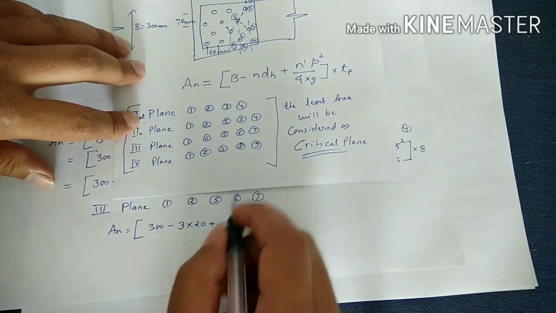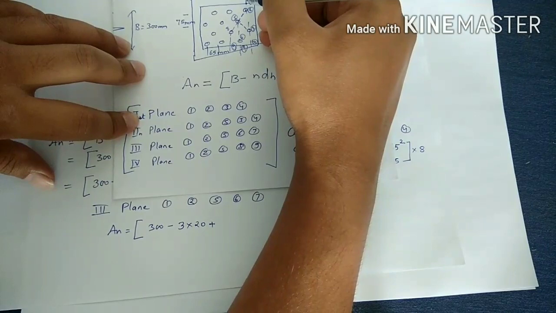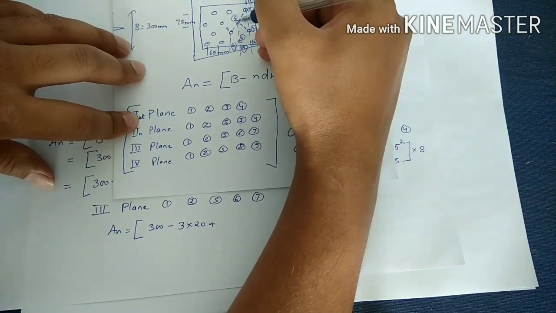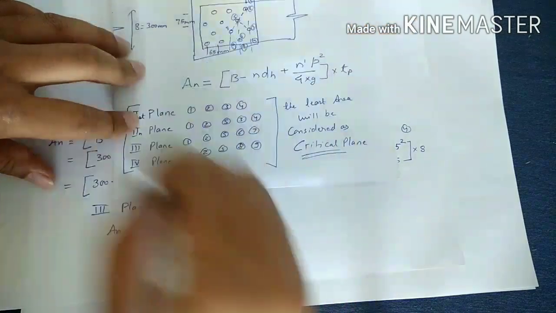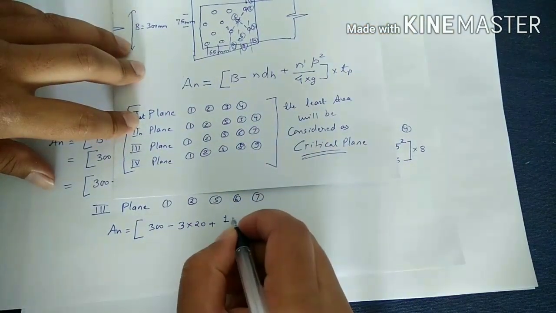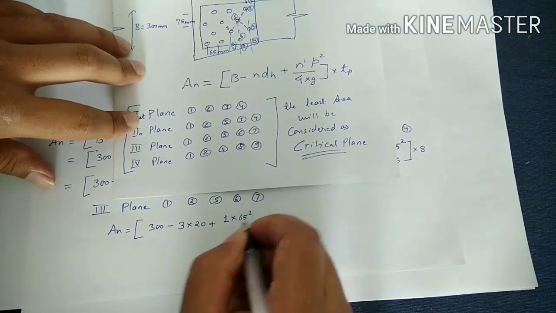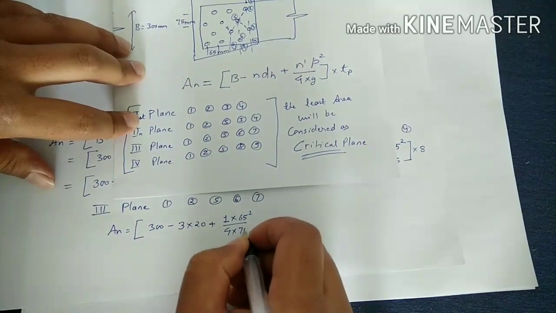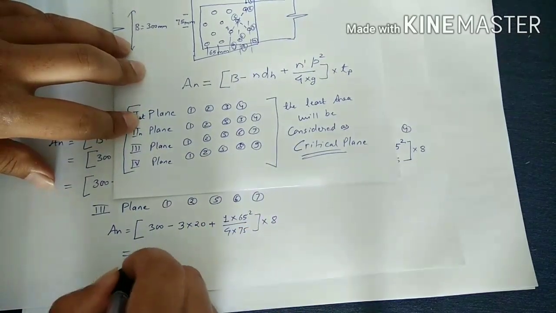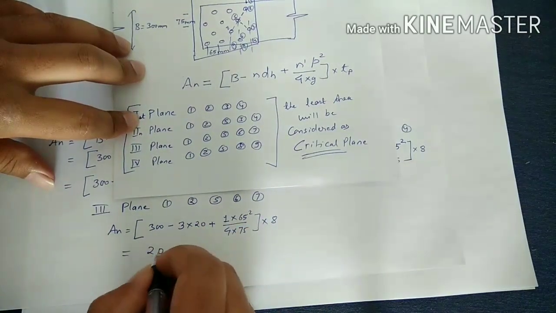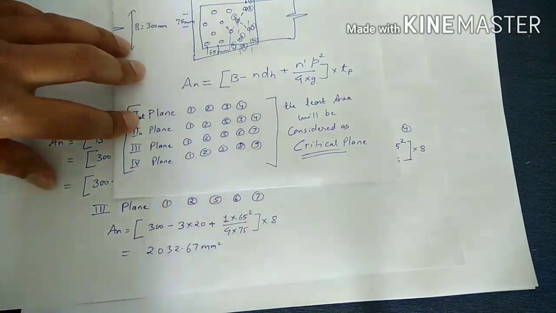Plus, how many times it has been staggered. It starts from here and is staggered only one time, from 2 to 5, then follows the straight line again. So N dash is 1 into pitch 65 square upon 4 into 75 into thickness of plate, 8 mm. On solving, AN comes to 2032.67 mm square.